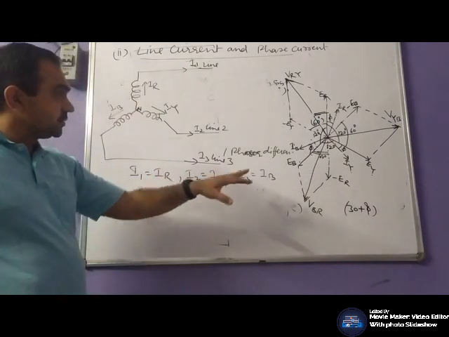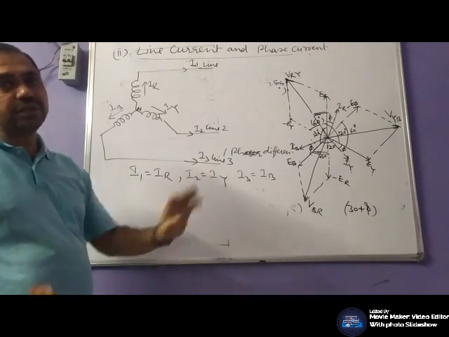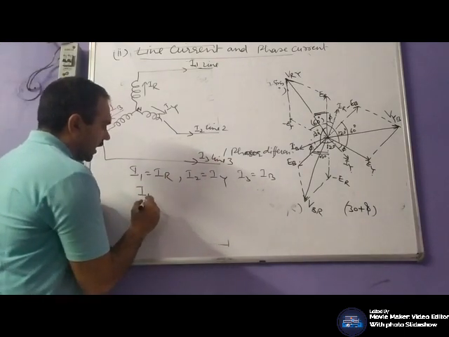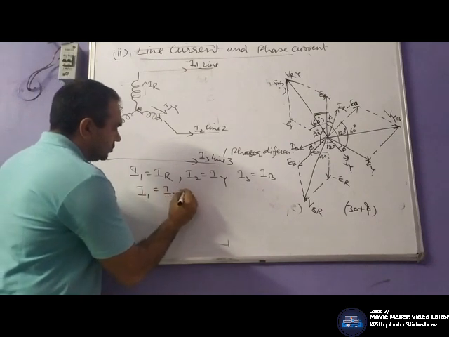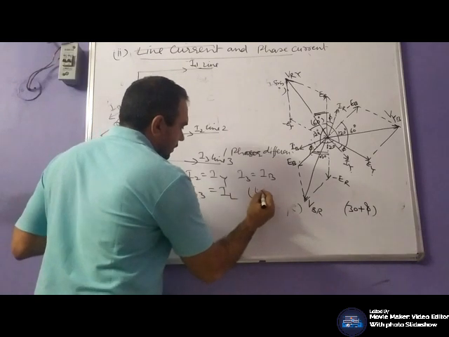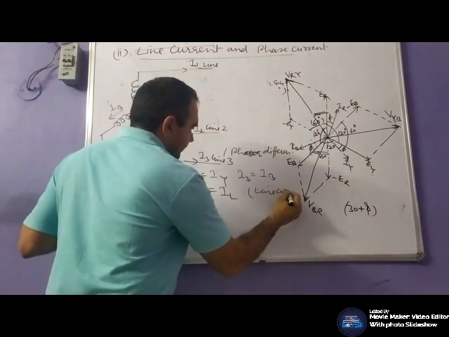As your load is balanced, these currents would also be equal. So I1 would be equal to I2 equal to I3, and that will be equal to the line current.